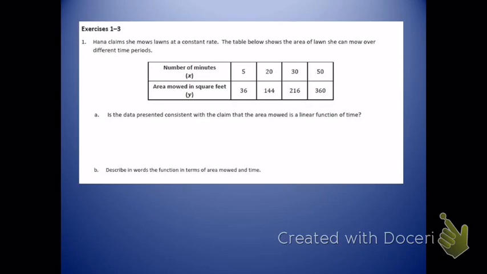She's claiming a constant rate, and so if we graph these, there's a number of things you could have said or done here. Maybe you tried plotting them and noticed that the graph is a line, or you take her word for it. This is a constant rate.